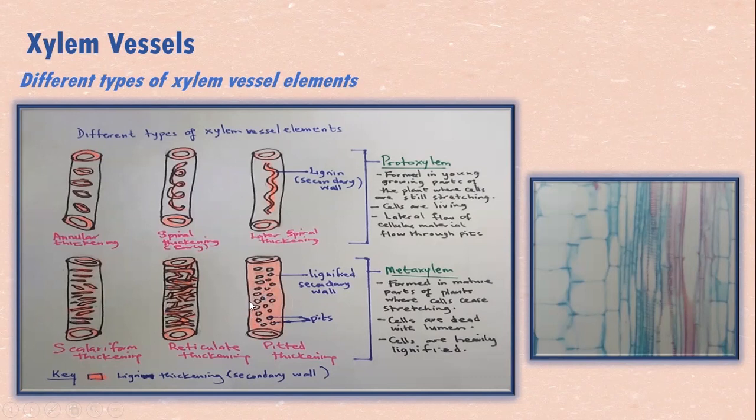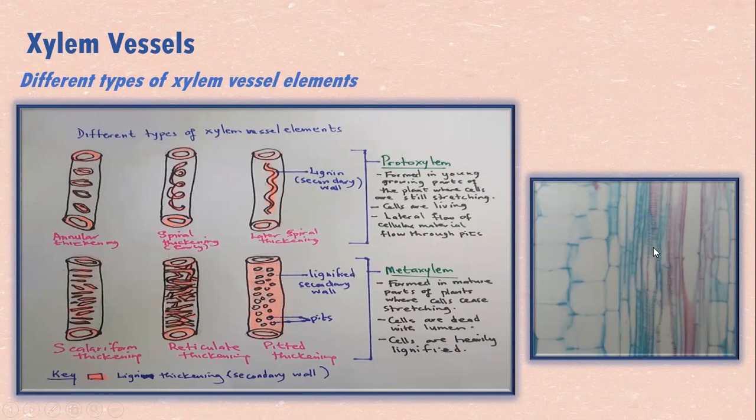By the time these are formed, that area of the plant has stopped stretching, and these cells are all dead. They have a lumen. In the ones that are still stretching, the cells are not really dead, and so there will be small cellular conduction flow between the pits here. But in these ones, no, the cells are dead and the pits are valueless.